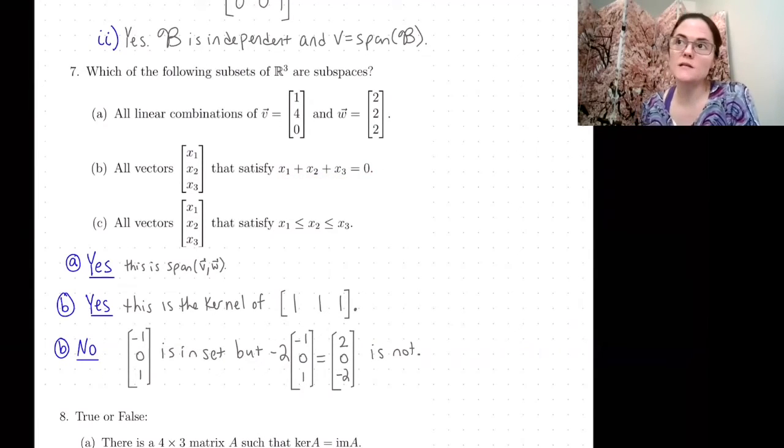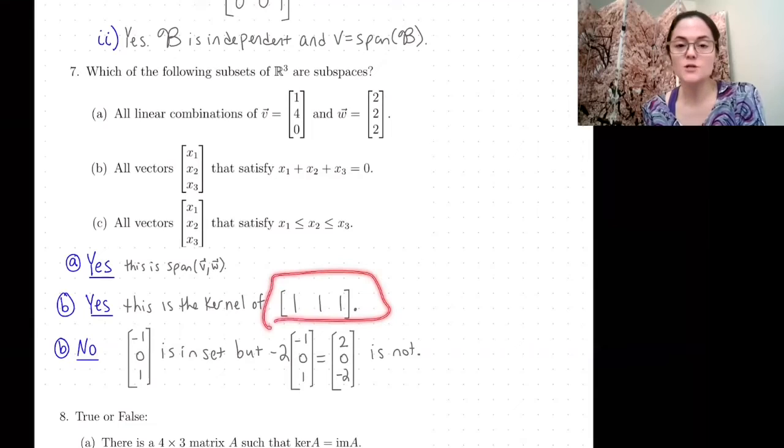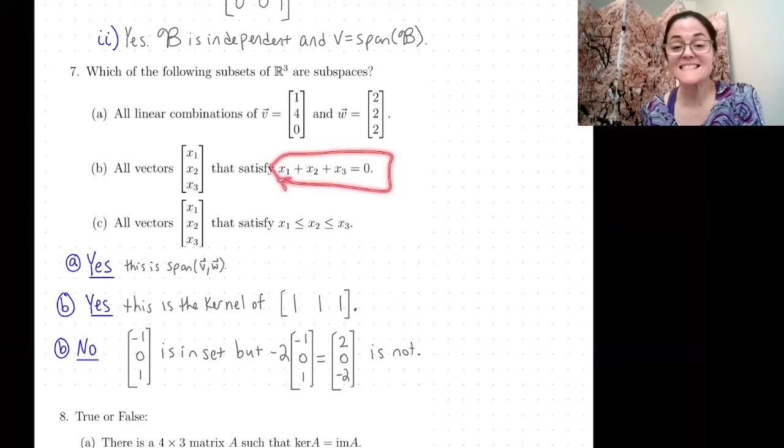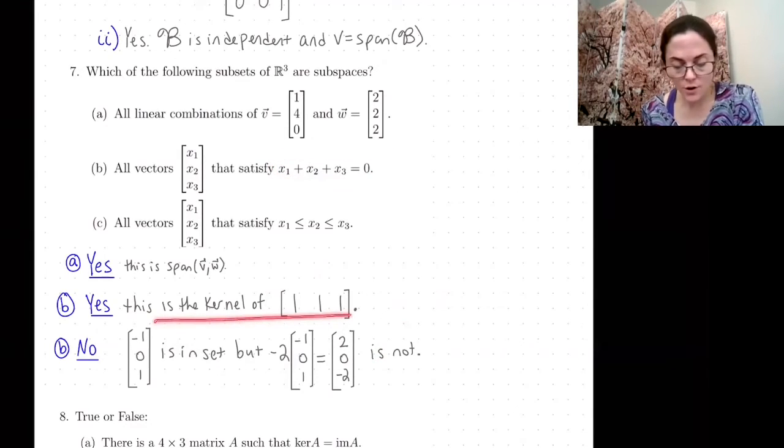The easiest way to justify this, at least in my opinion, is to observe it's the kernel of this matrix, right? If you have x1, x2, x3 here, then you multiply, you get exactly this. So all vectors in R3 satisfying this equation is the kernel of this matrix.